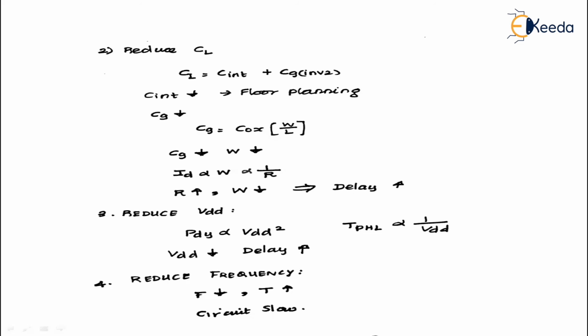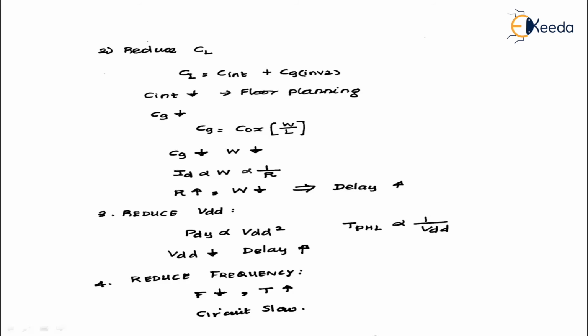As gate capacitance is proportional to the width, if I reduce the gate capacitance, my W is going to reduce. Now, what is the next thing? If I reduce my W, what will happen? We know that the drain current ID is directly proportional to W, that is mu Cox W by L, and that I is inversely proportional to R. So if I reduce W, my R is going to increase.